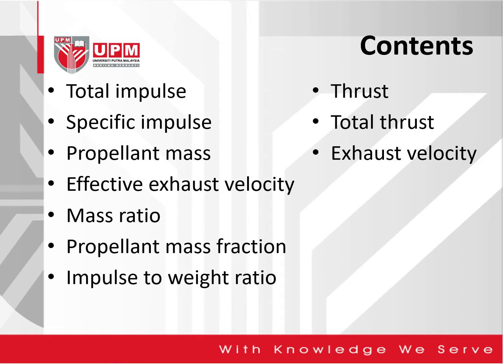And then we continued with the second video, which looked into the mass ratio, propellant mass fraction, impulse to weight ratio, and thrust. In this particular video, we will look at total thrust as well as the exhaust velocity.